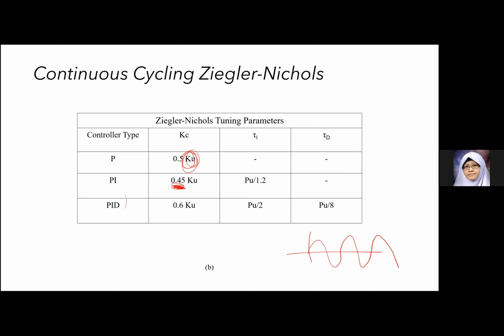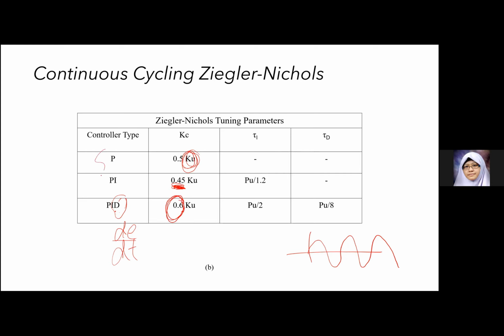For PID, the derivative mode is actually a stabilizer because it has anticipatory action. It can anticipate what's going to happen because of that derivative, dE/dt. We talked about this in the closure for 3A. So that's why you see it's being multiplied by 0.6.